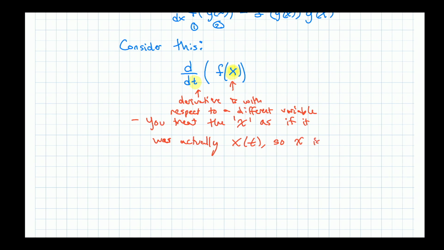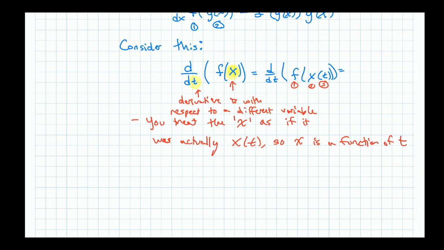So x is a function of t. So what that means is, I wrote it the way I wrote it, but I could say the derivative of f of x of t. And in that case, think about numbering these functions 1, 2, and then I guess 3, but you don't need to write it because that one matches the variable.